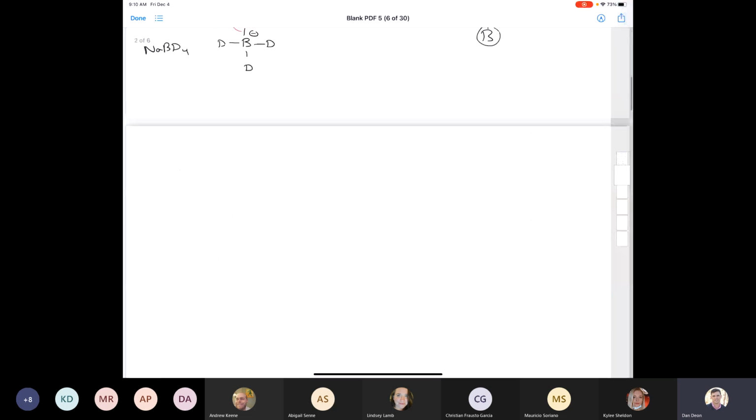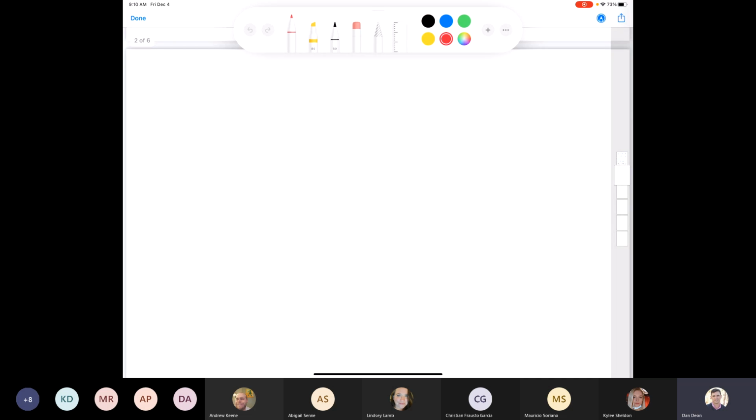So let's give this one a try. We'll start by drawing out the aldehyde. So 23, so CH3, CH2, CH, and I'm going to explicitly draw that hydrogen for instructional purposes only. And we're going to treat that with our base, so our hydroxide, to remove this proton and make the enolate.